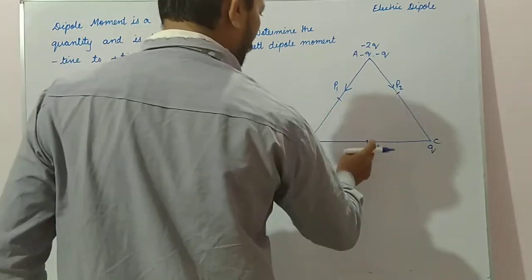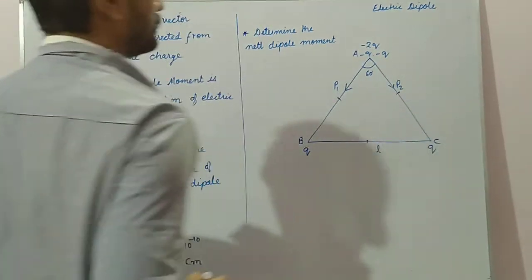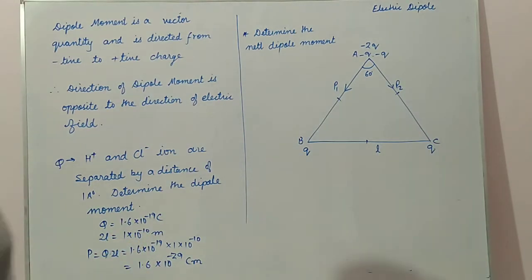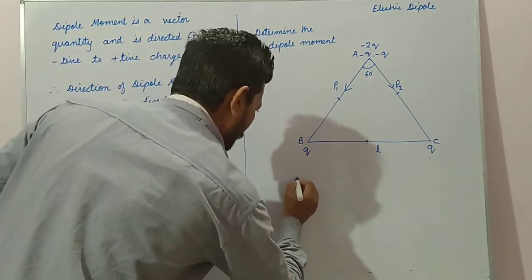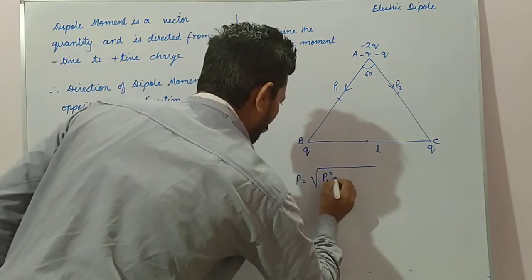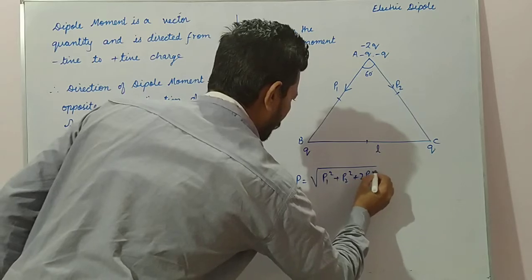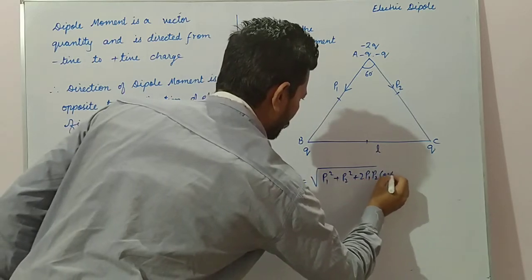As it is an equilateral triangle, this angle is 60 degrees. Therefore, the resultant dipole moment P is root over P1 square plus P2 square plus 2 P1 P2 cos 60 degree.